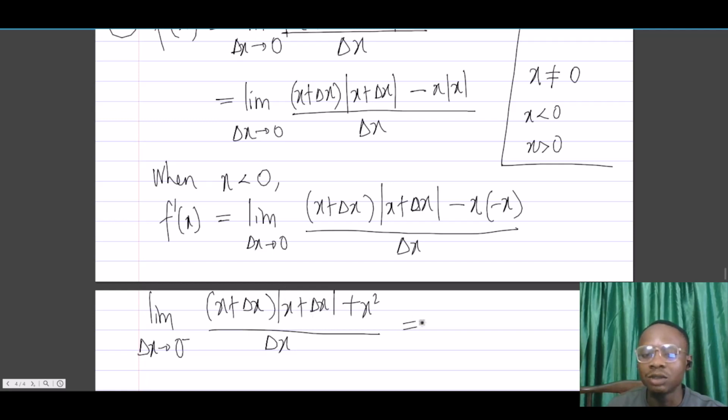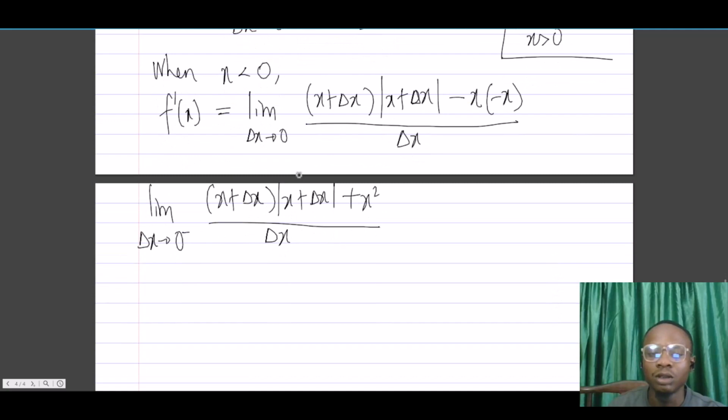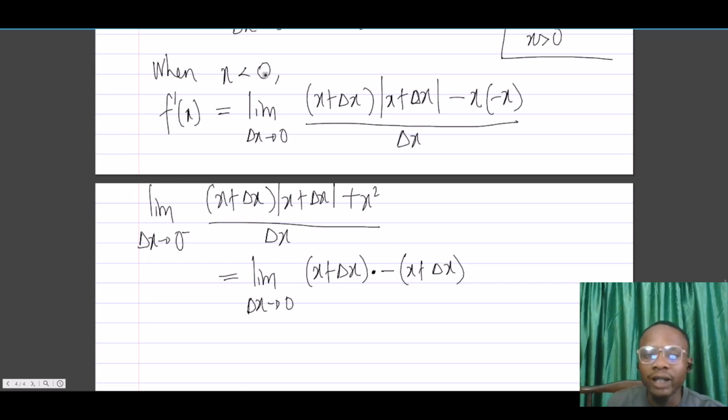So basically, this is going to be equal to the limit as delta x approaches 0 of x plus delta x multiplied by minus of x plus delta x. So why? Because we are considering when x is less than 0.